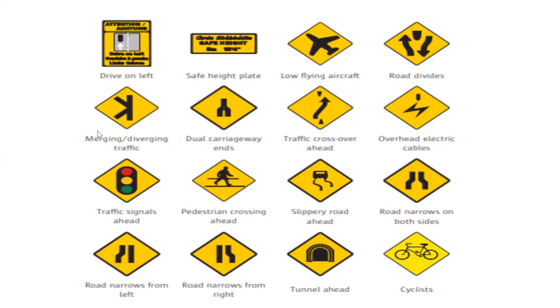From the previous slide, we know this is traffic merging, but this is also traffic divergent. So you're driving along, traffic can merge and diverge, as in join and then exit. This one, 2 lanes side by side like this is the sign for a dual carriageway.